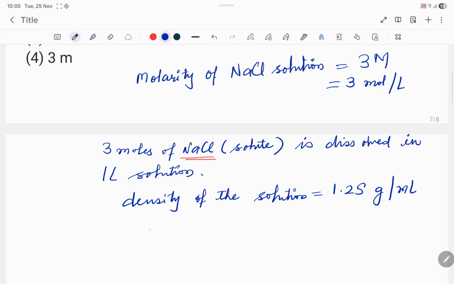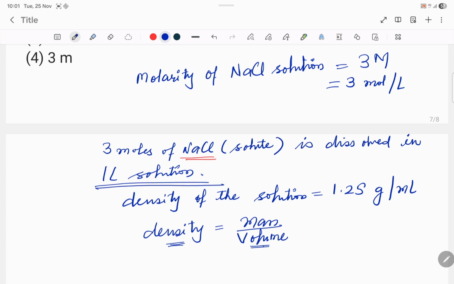Okay, we also know a few things, that density means mass divided by volume. We know the density, we know the volume of the solution. This is the density of solution, this is the volume of the solution, and volume of solution is 1 liter. We have discussed it already.